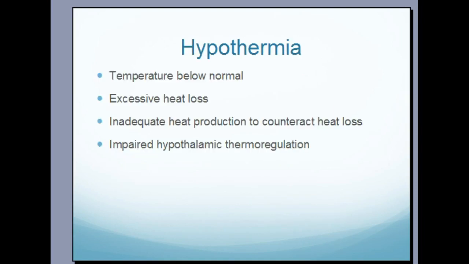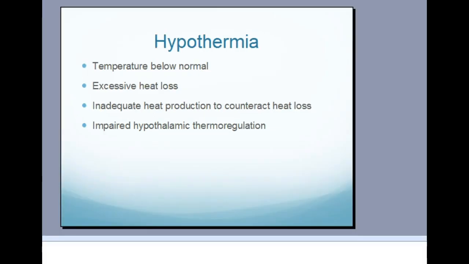Now let's talk about hypothermia. Look at this slide, but please bring your book along as I'm going to reference the book. Now look on page 480, right lower corner, hypothermia. It's a core body temperature below the lower limits of normal.